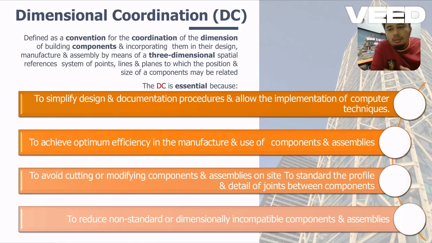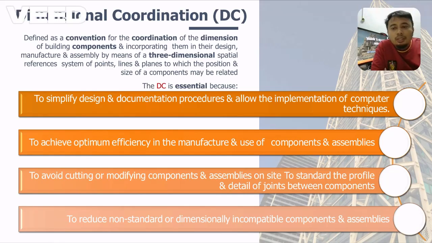Furthermore, you will be avoiding cutting or modifying components and assemblies on site. So there's less wet work, there's less cutting. So components are well fit together on site to form a structure. And then it reduces non-standard or dimensionally incompatible component assemblies.